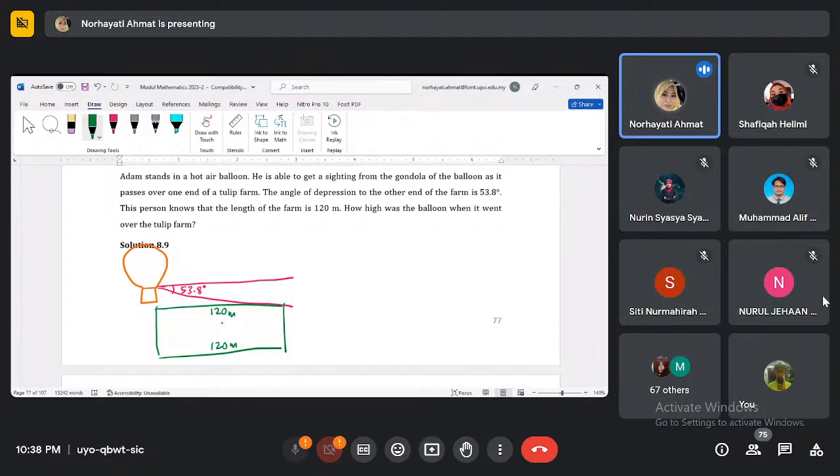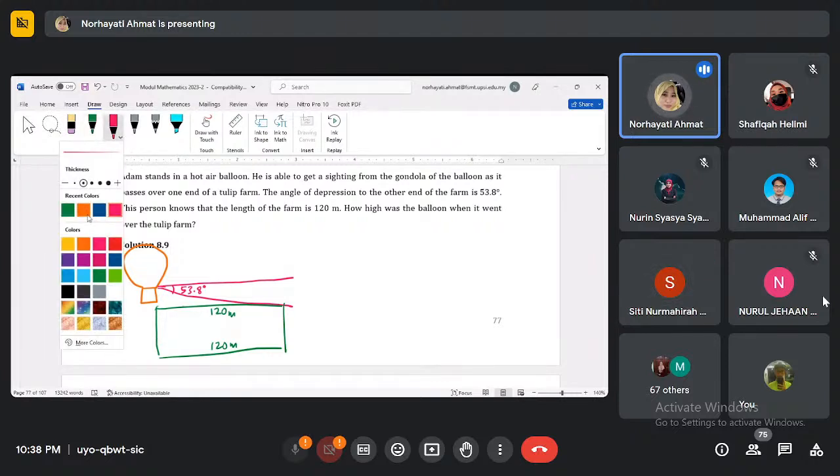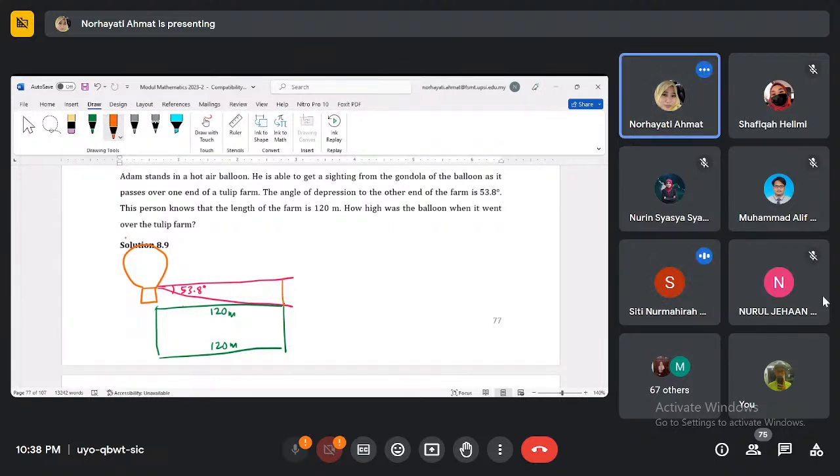So macam mana kita nak kira? Kat mana yang kita perlu dapatkan? Sisi mana kelas? Boleh bagi idea? Dia kat sini kan? Ya. Ketinggian dia, dan maksudnya ketinggian dia daripada tanah.